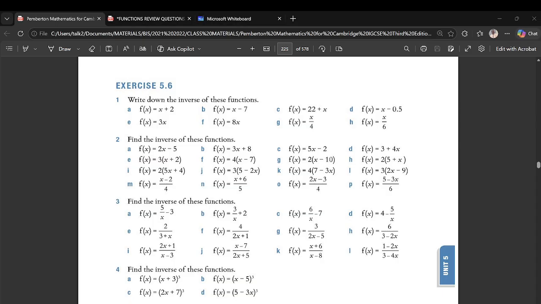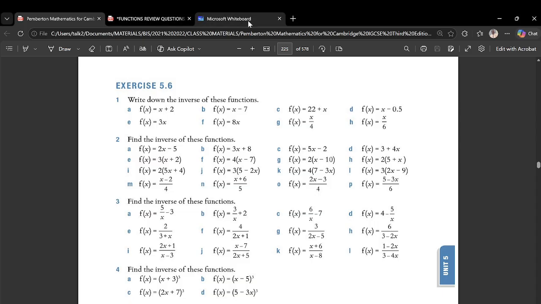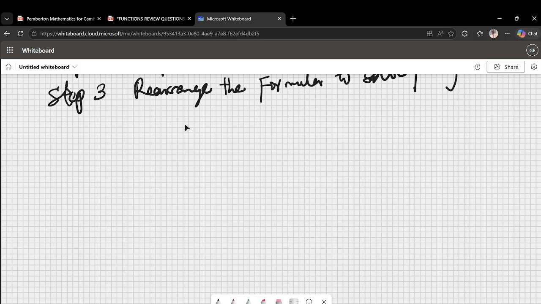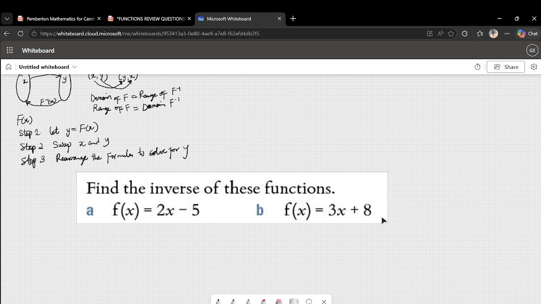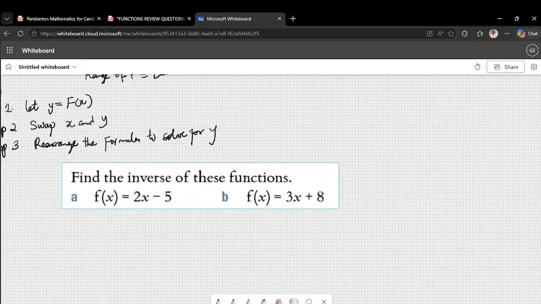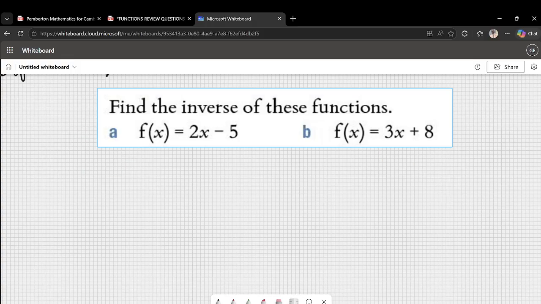Let's say I take questions from example 2, parts A and B. We'll start with that one before we go to more complex examples. So we are told to find the inverse of these two functions.